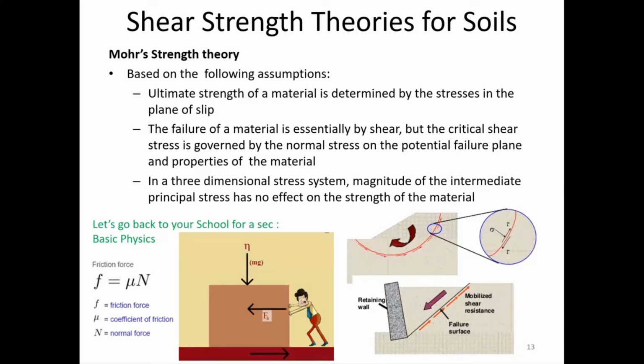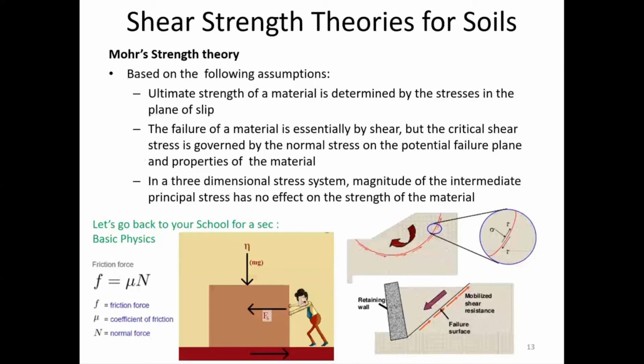So what caused it? The normal force that you apply, correct? So if you apply a higher normal stress on the potential failure plane, then you will have to apply more shear stress to overcome it, right? So the failure of the material is essentially by shear, but the critical shear stress is governed by the normal stress on the potential failure plane. Not only that, but also the properties of the material, like the coefficient of friction.